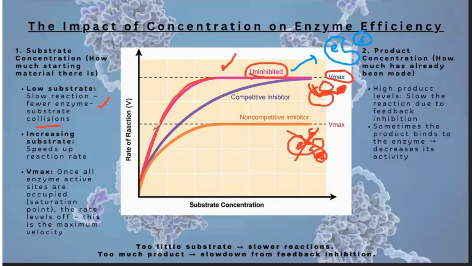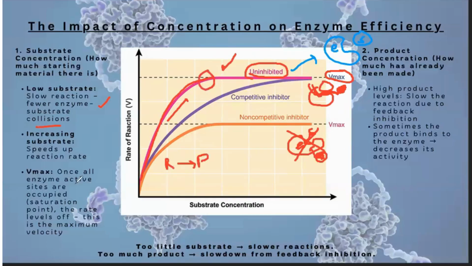And then we have an increase in the substrate, which means that we start speeding up the reaction rate, and the reactant going through to be the product with the action of the enzyme attaching to the substrate will eventually peak.